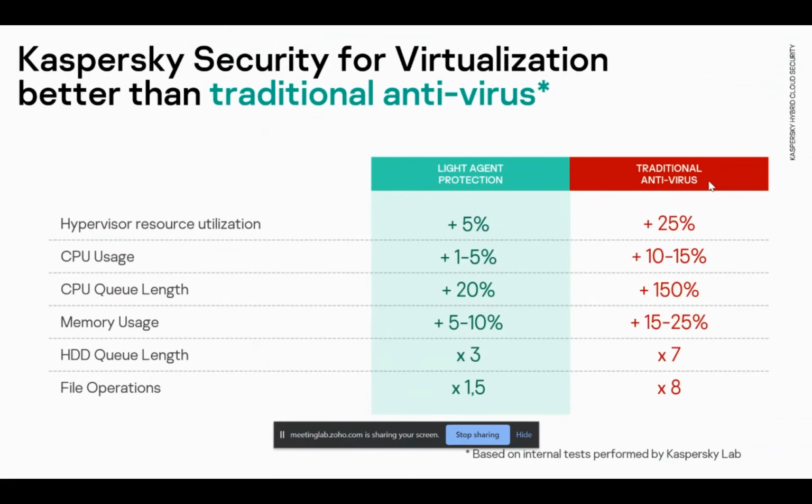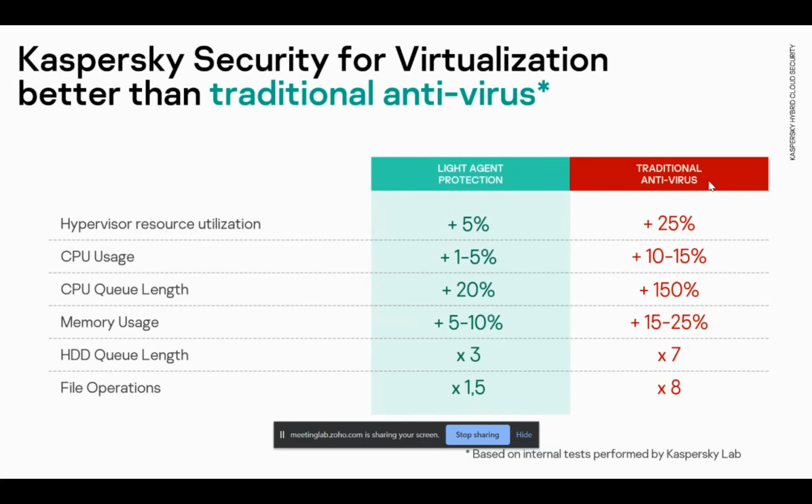So basically this is a consolidated table view of what we discussed in the previous slide. Hypervisor resource utilization: only 5% more resource utilization of the hypervisor compared to 25% from traditional antivirus. CPU usage only 1 to 5%, whereas traditional antivirus has 10 to 15% more CPU usage.